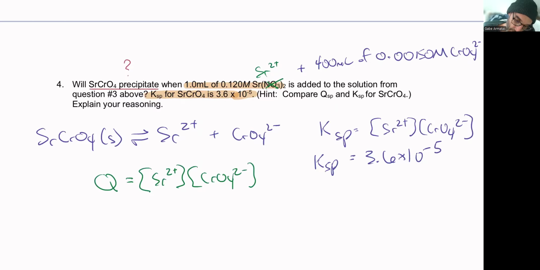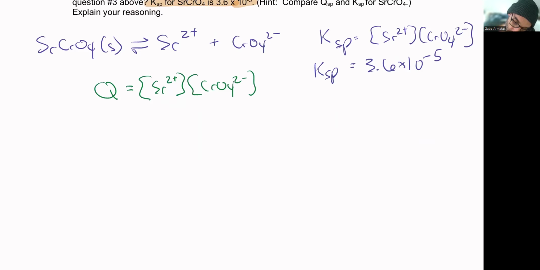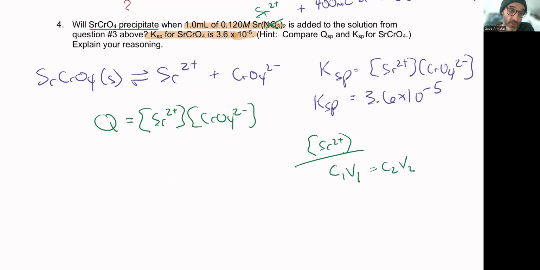So in order to get my concentration of strontium, we are combining two solutions. This is a solution, C1V1 equals C2V2. So in order to get the concentration of strontium, we have to do a dilution. So the concentration was 0.120 molar.